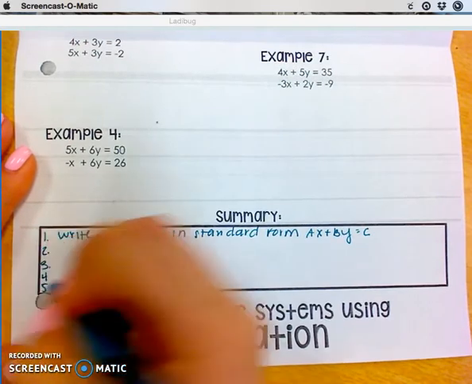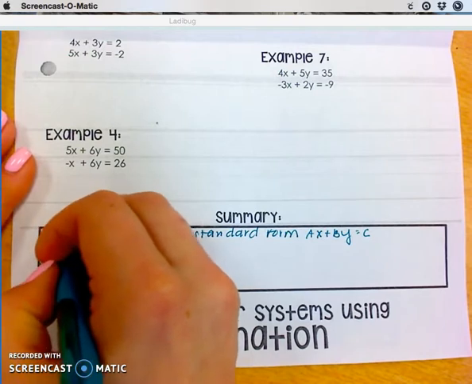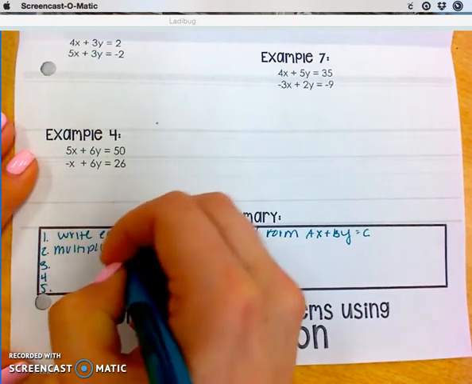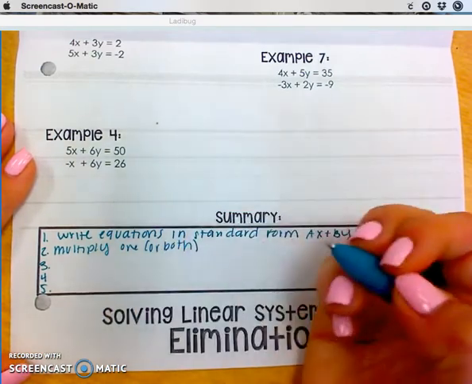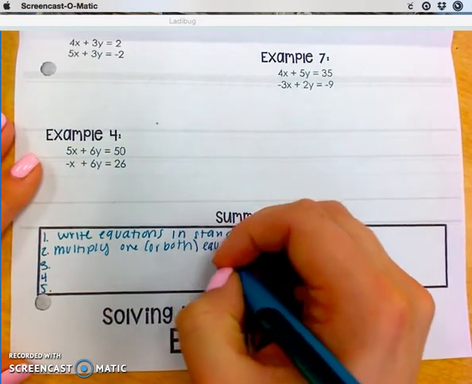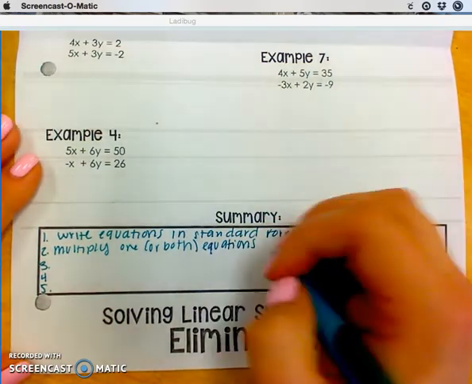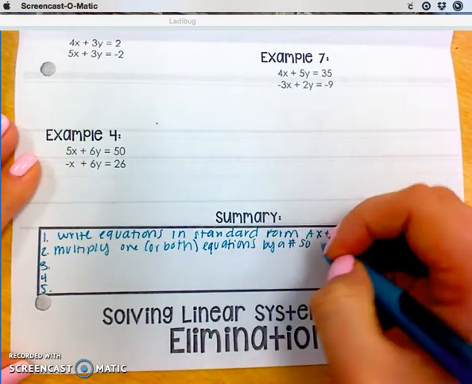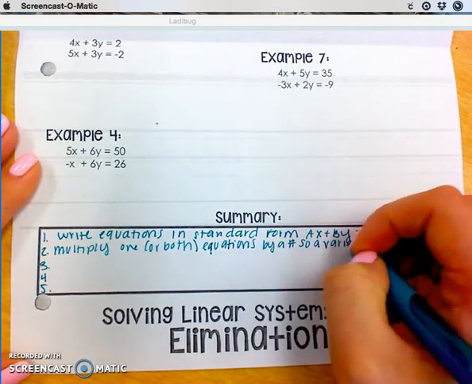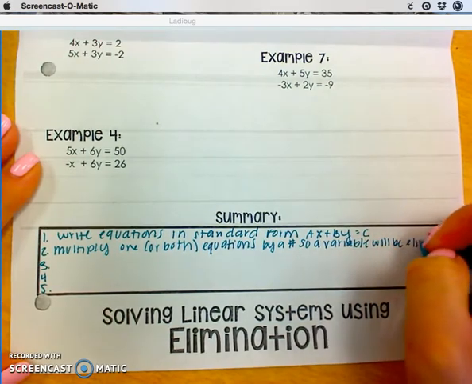The second step is to multiply one or both equations, depending on what we need, by a number so that a variable will be eliminated.